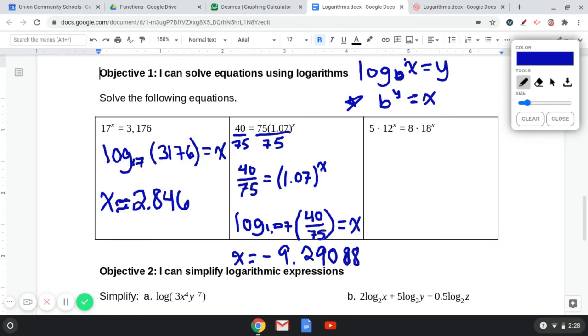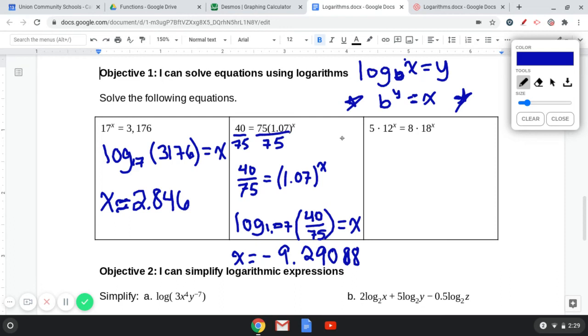All right, last one. We're going to use properties of exponents to get it into this form, b to the y equals x. Let's go ahead and get our numbers 5 and 8 onto the left-hand side, and then the 18 to the x and 12 to the x on the right-hand side.